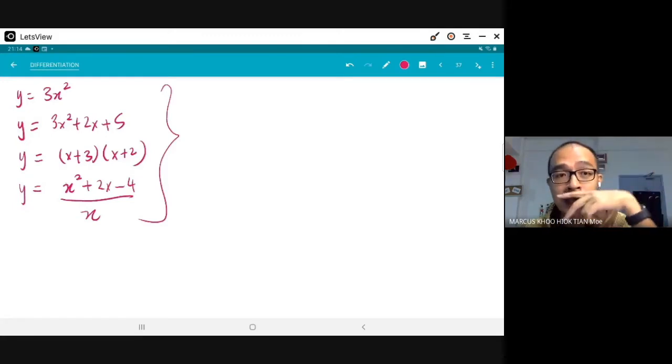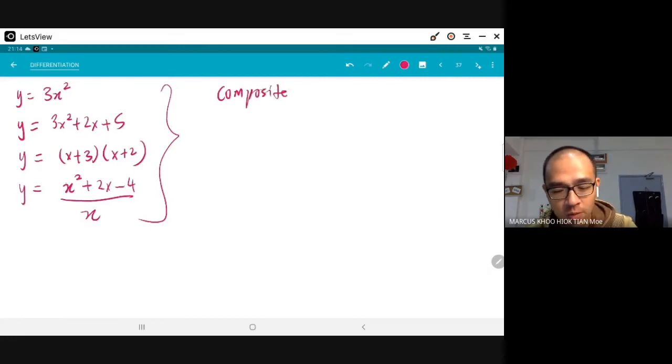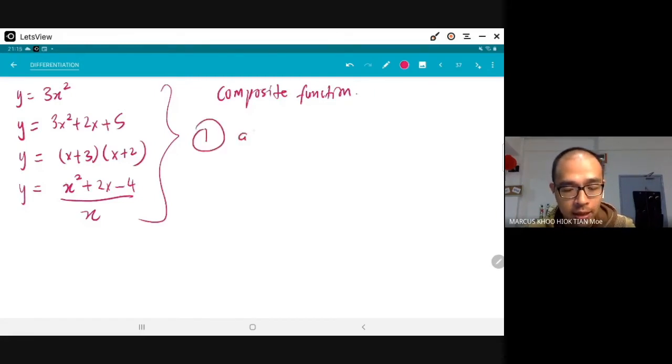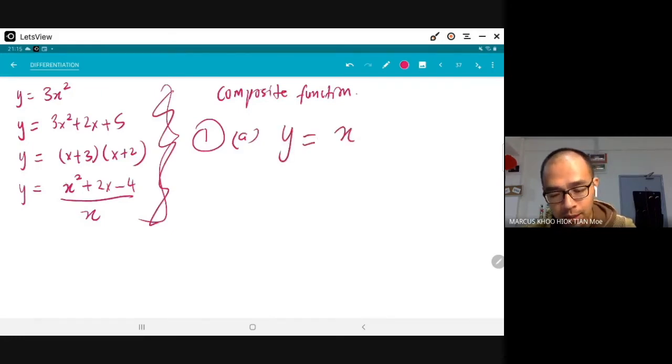So this is one type of function, which we call a composite function. Basically, it is a function that has a power bigger than 2. If you take a look at question 1a, the composite function is y equals (x plus 3) to the power of 4.